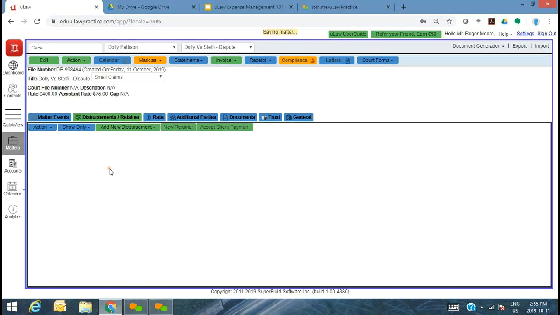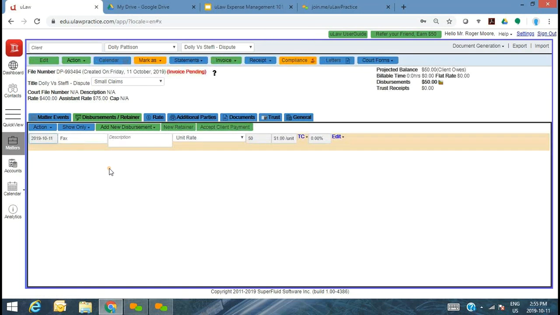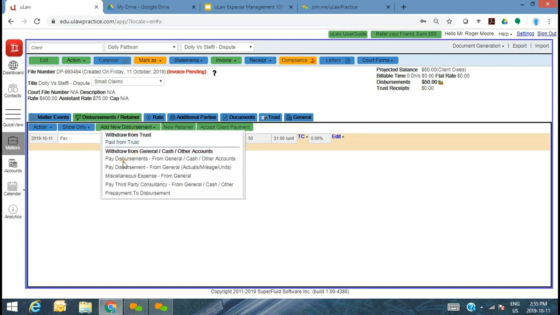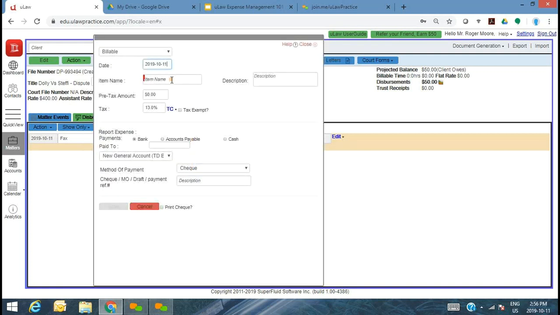So let's assume there's maybe another disbursement involved. One was the unit rate. Now let's look at an actual example, one that one of our friends had asked us about earlier on. So I'm going to click the Add New Disbursement button right here. And this time I'm going to say Pay Disbursements. I'm going to say Application Fee, $100, and it's tax exempt.